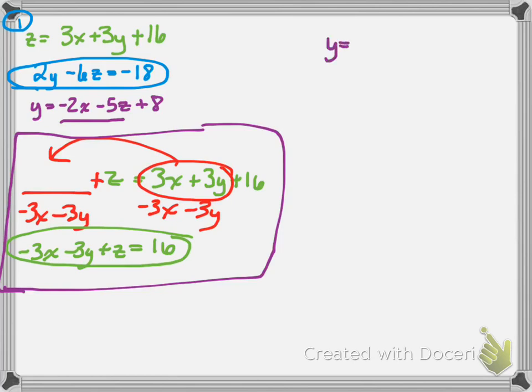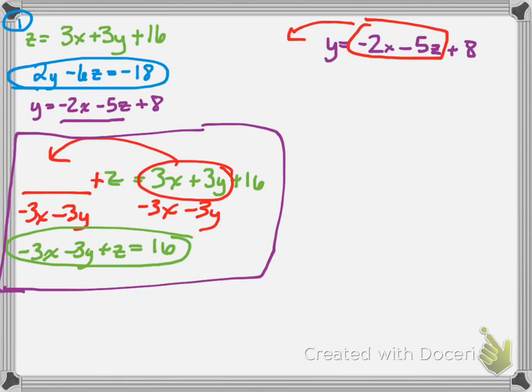Y is equal to negative 2x minus 5z plus 8. So again, my problem is these two variables are on the right-hand side, and I need them on the left-hand side.